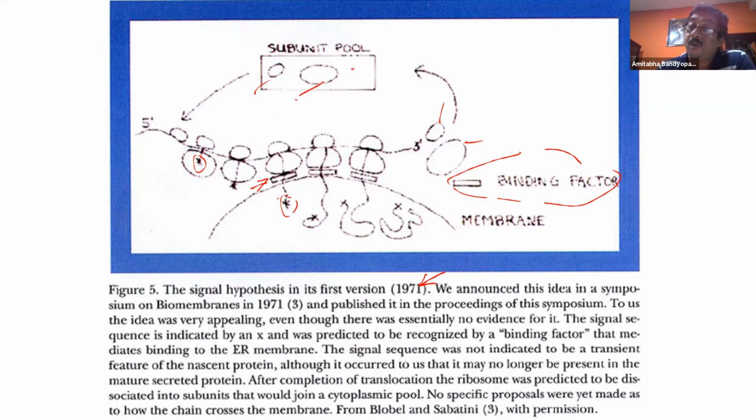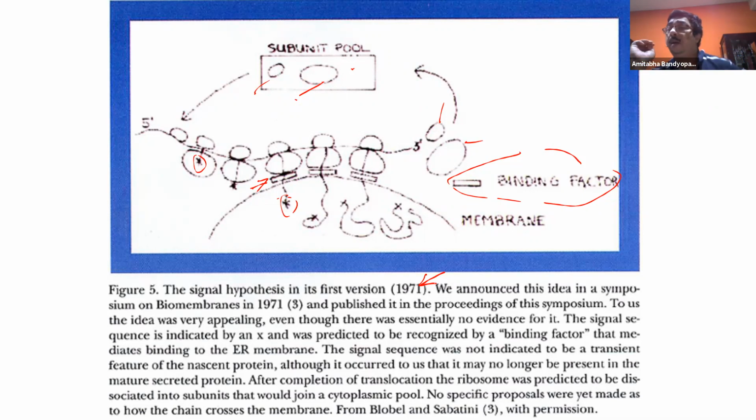But you need to appreciate the power of logic and conviction that Blobel had. So Blobel thought through all the evidence beforehand: if the ribosomes are not different, and only the secreted proteins are being targeted to the ER and then released, there must be something that can recognize only the secretory proteins.